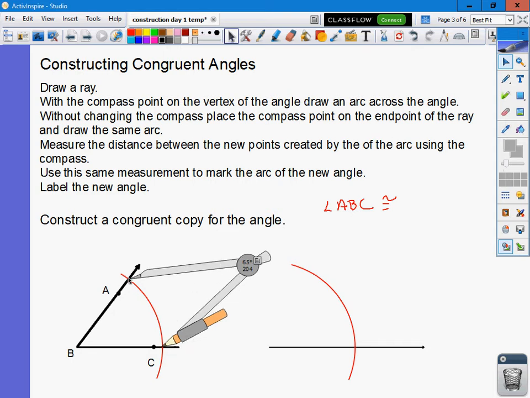Does everybody see I have one of the points on A and I've slid it over so that I'm on this other point where the arc is? Everybody okay with that? You've got your compass set?